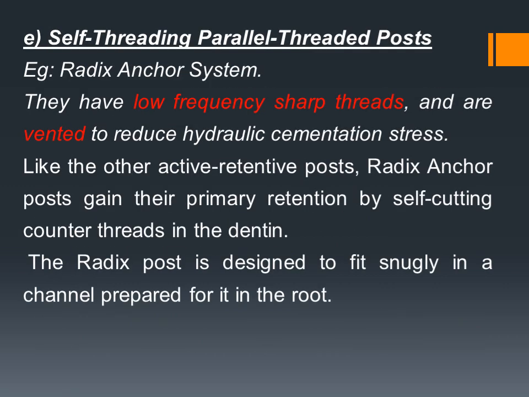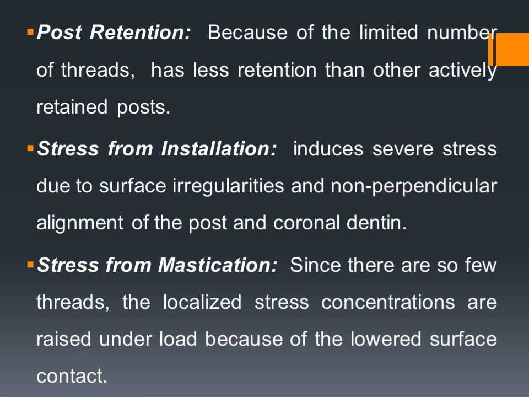And coming to self-threading parallel threaded posts, for example the Radix anchor system, they have low frequency sharp threads and are vented to reduce the hydraulic cementation pressure and stresses. They act by self-cutting counter threads in the dentin, and are designed to fit snugly in the canal prepared by the post system.